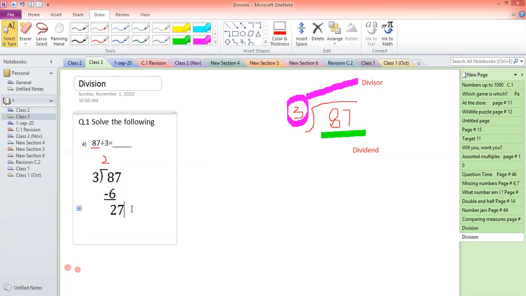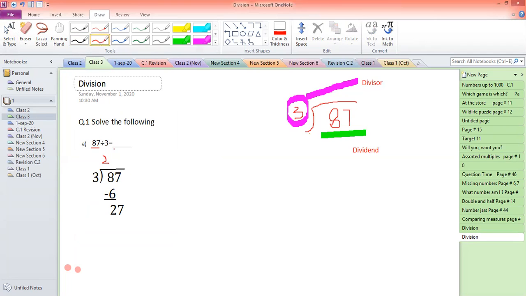Is there 27 in the table of 3? 3 times 1 is 3, 3 times 2 is 6, 3 times 3 is 9, 3 times 4 is 12, 3 times 5 is 15, 3 times 6 is 18, 3 times 7 is 21, 3 times 8 is 24 and 3 times 9 is 27. So you are going to write 3 multiplied by 9 equals 27.